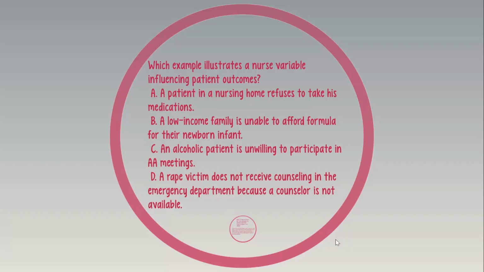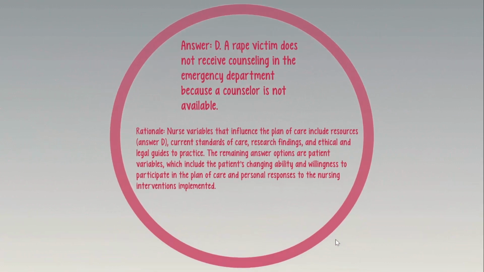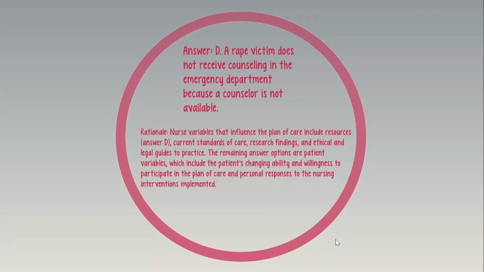Or D, a victim does not receive counseling in the emergency department because a counselor is not available? So if you said D, a rape victim does not receive counseling in the emergency department because a counselor is not available, you're absolutely correct. Answer D indicates that there's some sort of healthcare resource that's not available for the patient. So they're not going to be able to meet their outcomes easily.